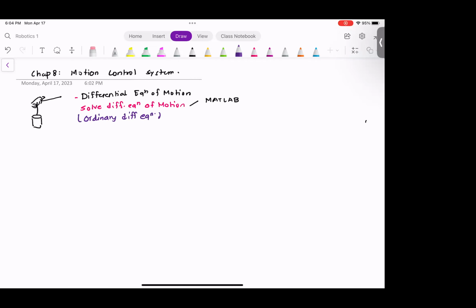Another way you can solve these differential equations of motion is using the Laplace transform. The Laplace transform can only be used to solve linear differential equations with constant coefficients.